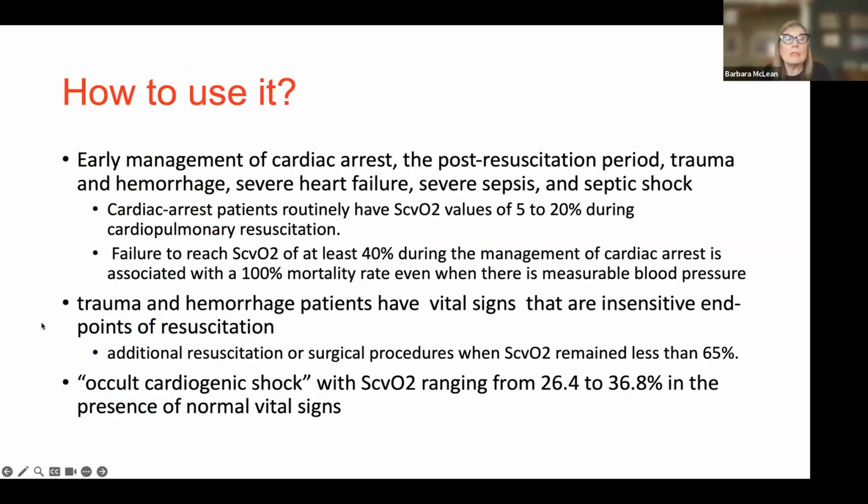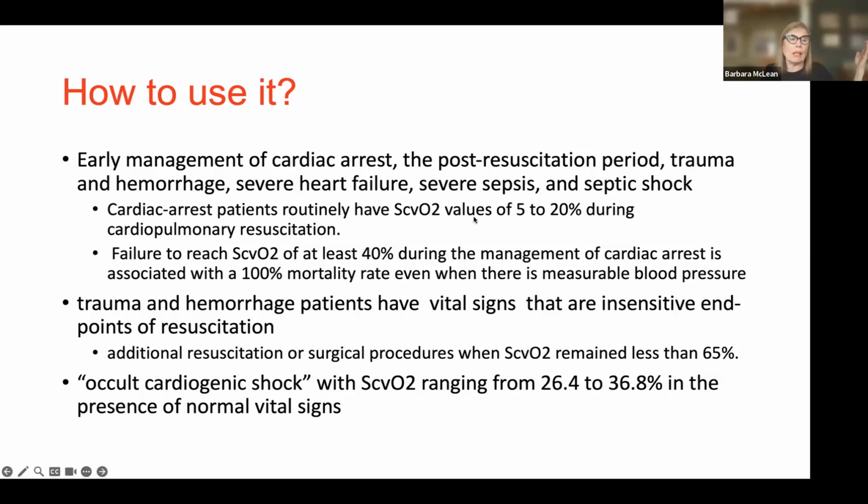How do I use this? I use this as much as I can for almost every patient that I'm concerned about. For management in cardiac arrest, post-resuscitation, traumatic and hemorrhagic shock, severe heart failure, cardiogenic shock, sepsis, and septic shock. All the data says that patients, right during resuscitation, always have a low ScvO2.